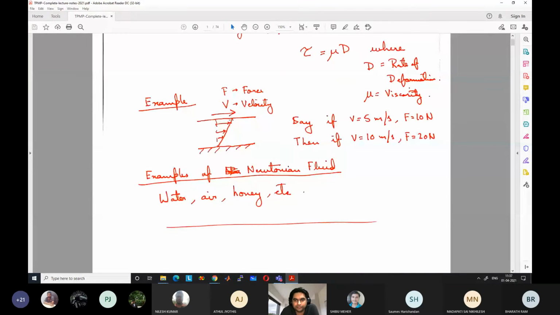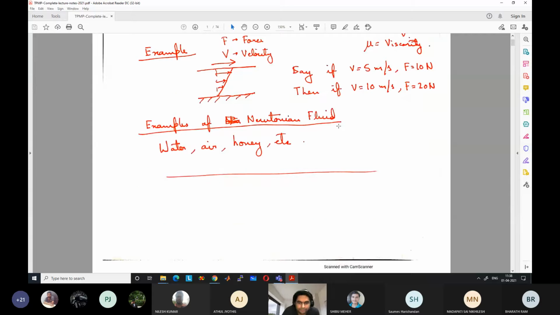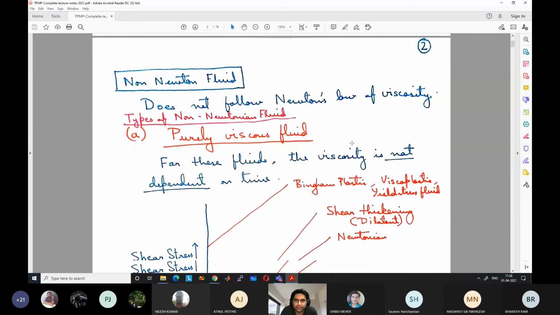Now, if we move the plate with 10 meter per second, the force will not be 20 Newton, but will be greater than 20 Newton. It can be 25 Newton, 30 Newton, 40 Newton, whatever, but it will be greater than 20 Newton because it is not increasing linearly. It is increasing at a rate which is more than the linear rate. So, increasing the strain by twice increases the force by more than 2 times. Okay. So, this type of fluid is known as shear thickening fluid.